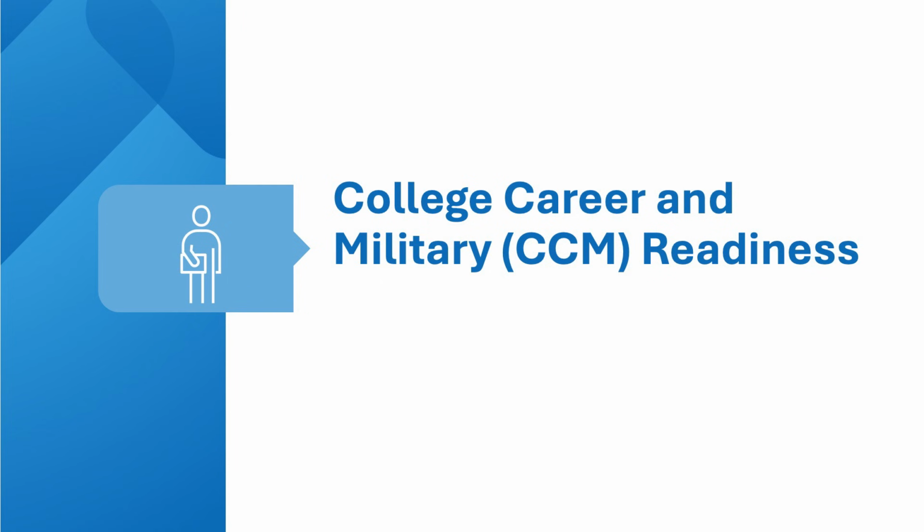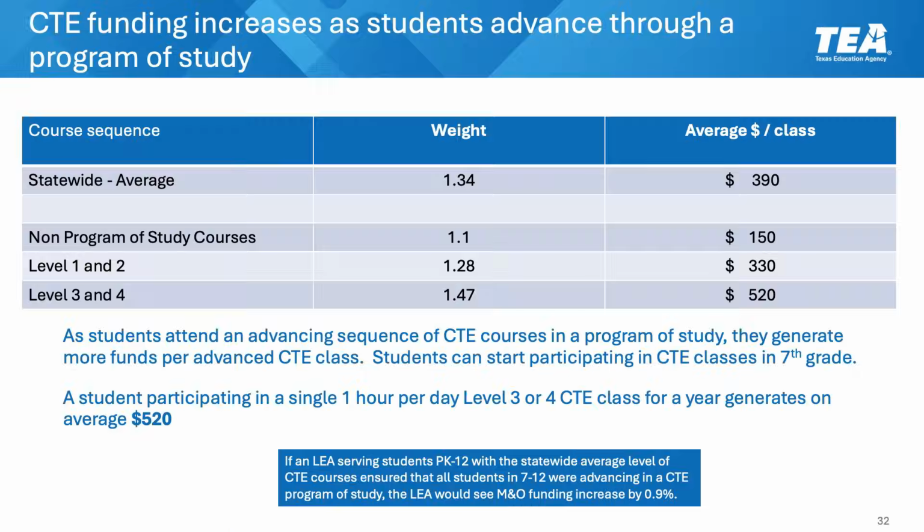Next, I want to talk through college, career, and military readiness supports available from the state. CTE funding is available such that it encourages students and districts to set up a system where those kids are engaging with career and technical education throughout their learning journey. They are also cascaded such that the weights of the funding increase as students go further into a CTE progression.